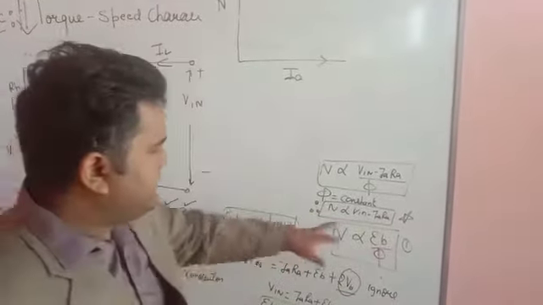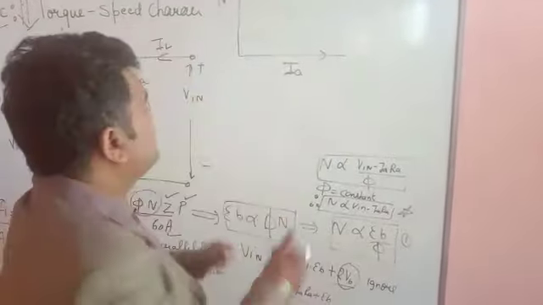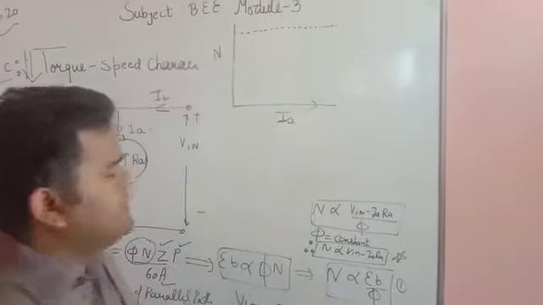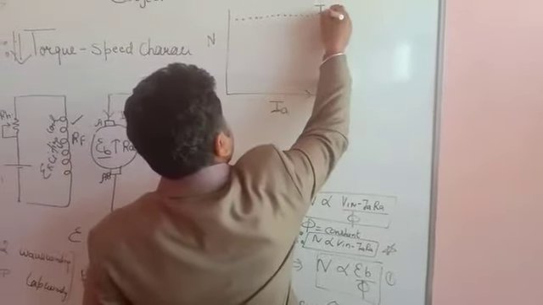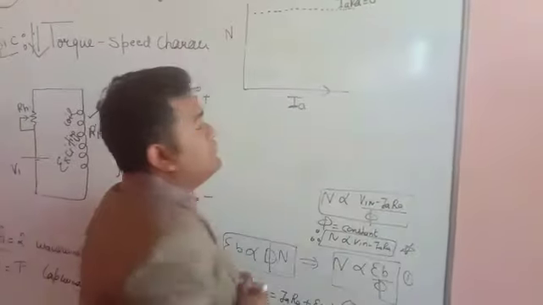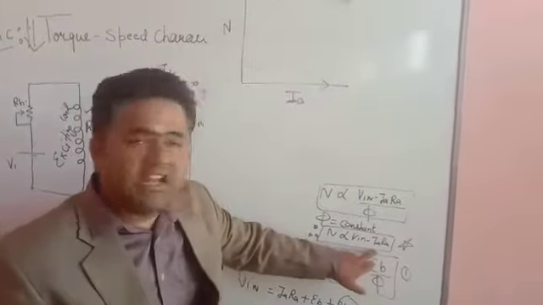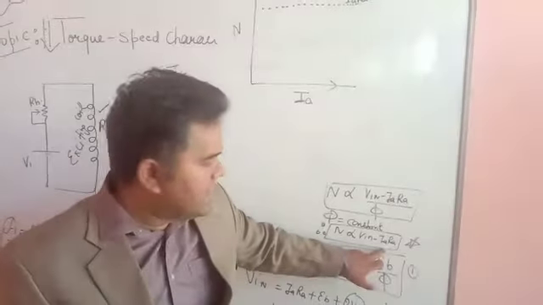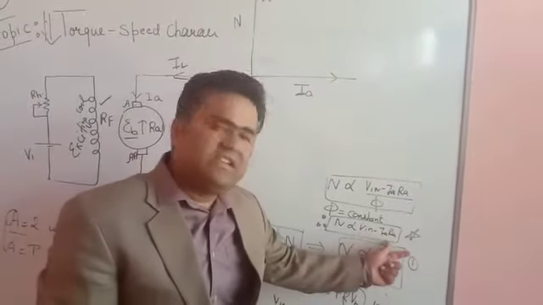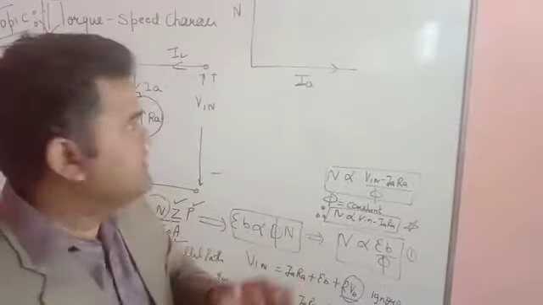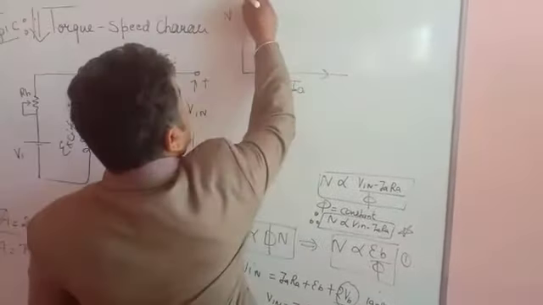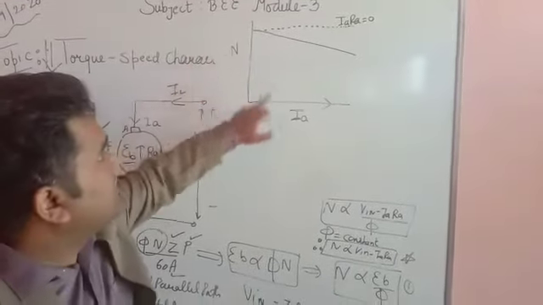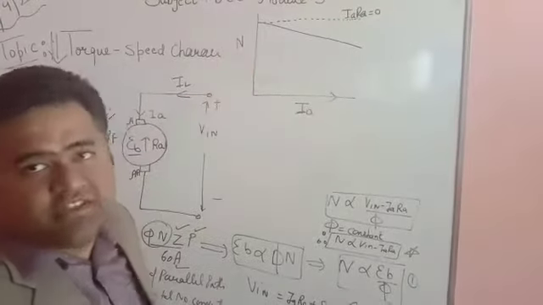If the IA RA drop is ignored, the ideal characteristic will be this. If IA RA is 0, you can write IA RA is 0. But if you consider the IA RA drop, armature current, then V in minus IA RA will be a little bit smaller and the graph will go like this. Now this is the graph between current and speed.